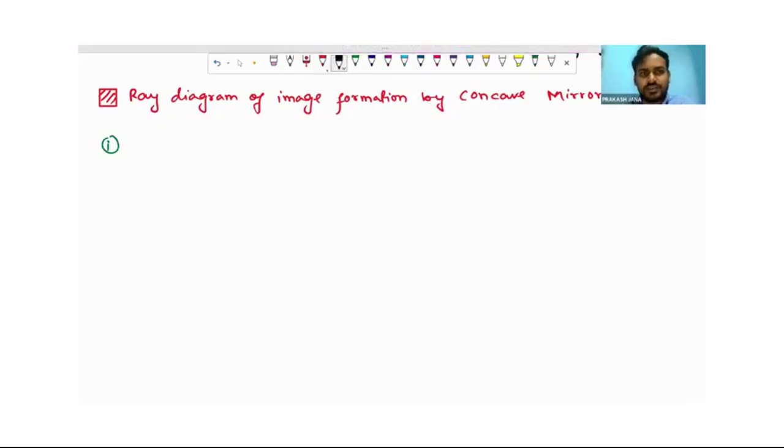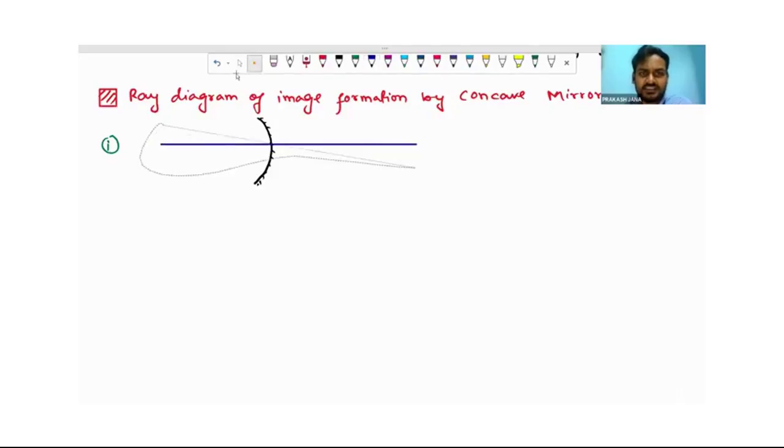Initially, it is a concave mirror, so I have to draw it like this. Here the silvering will be like this, and this is the principal axis.